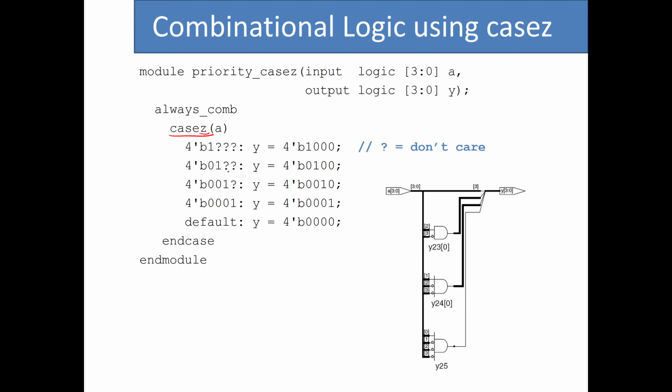This is for the second case, this one is for the third one, the last one, and then finally we have this default case too. The default case is going to be when A is 0 0 0 0. So we could have just spelled it out as 0 0 0 0, or we just put it as the default case.